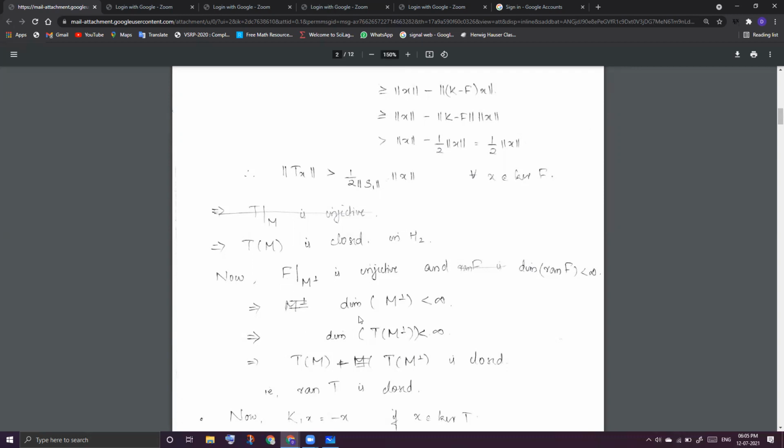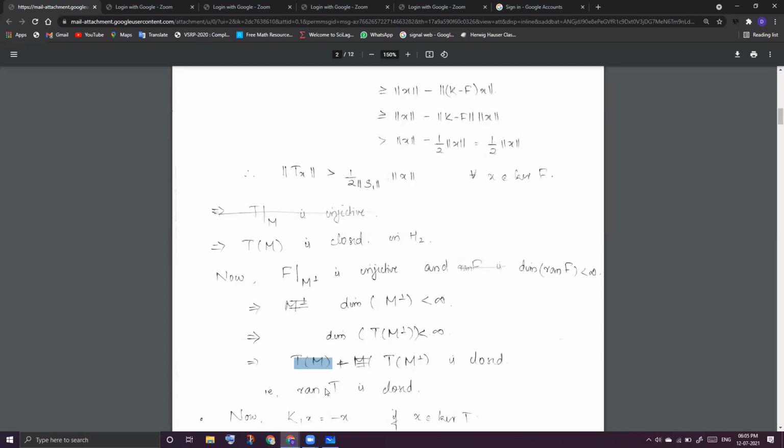So what we have is that M perp is a finite dimensional subspace, and so is its image. And this one is a closed subspace of H2.